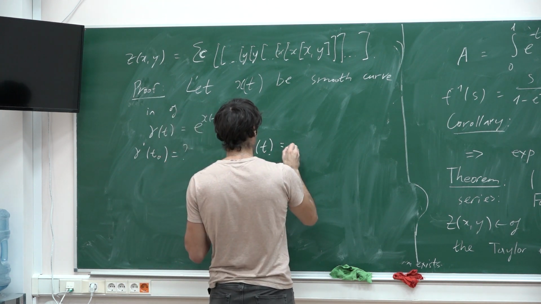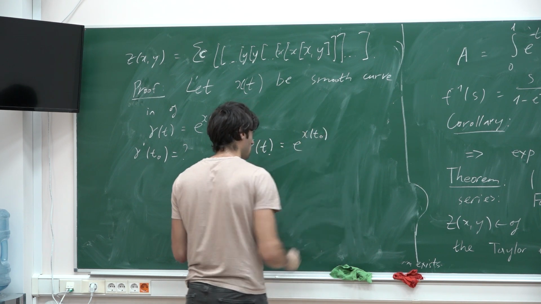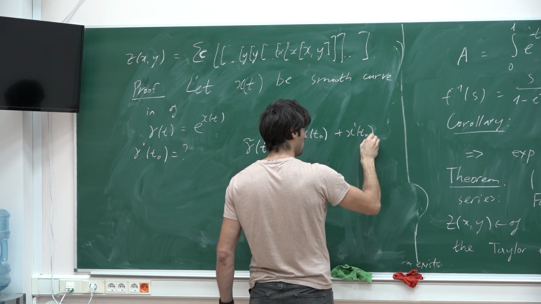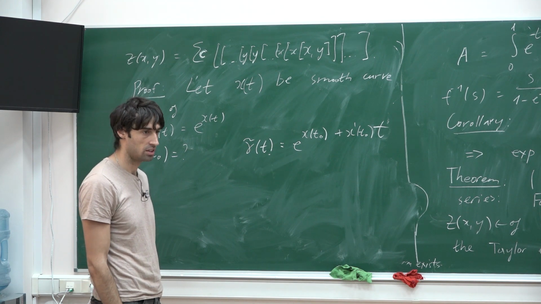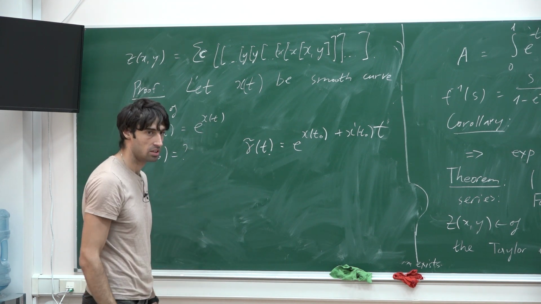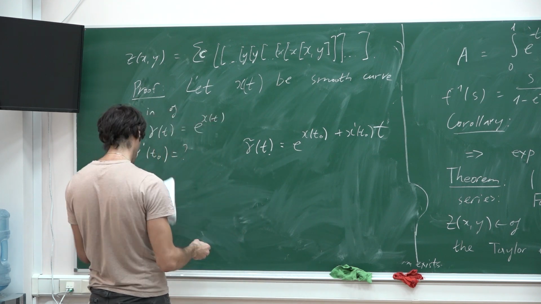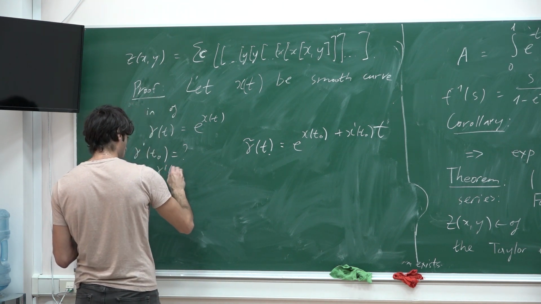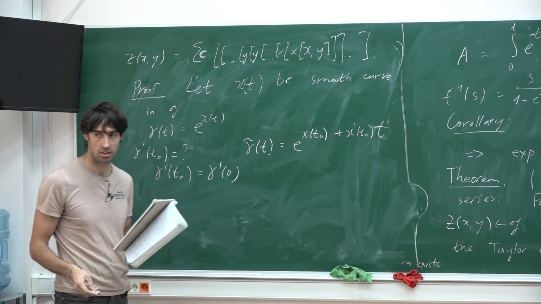It is e to the x of t0 plus x prime of t0 t. I just need these two terms in my x of t. Okay? Then I claim that gamma prime of t0 is the same as gamma tilde prime of 0, right?